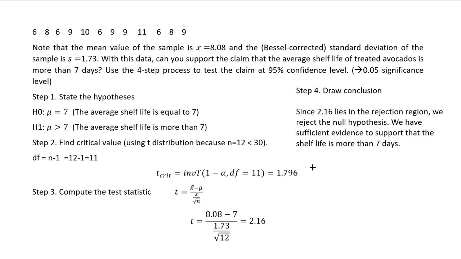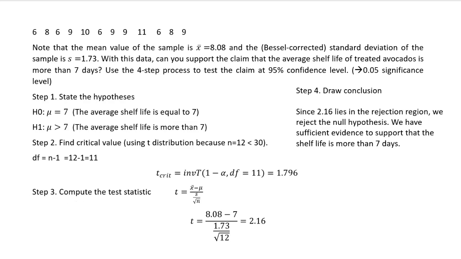Mathematicians treat proof as a word that you only use when it's a definite proof, okay? So for us, when we have evidence that supports a claim, we're careful to just say that. Okay, so we have sufficient evidence to support that the shelf life is more than 7 days at the 0.05 significance level. So if you write that extra, that would be even better.